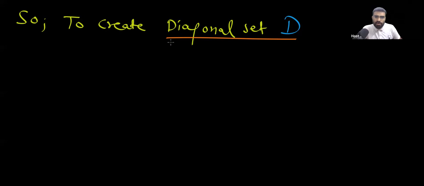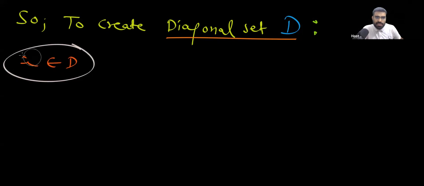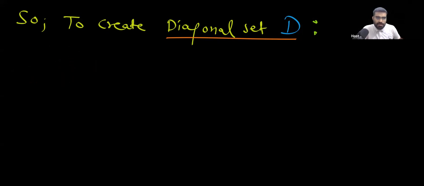To create this diagonal set D, this is what we are doing. I am saying that x belongs to D when I will put x in D. This is what I will do for every element, for all x in S.